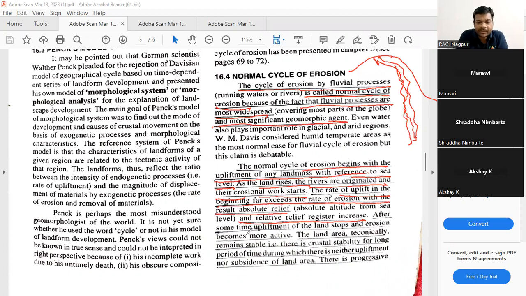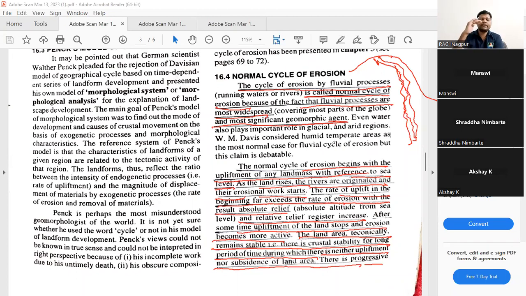After some time upliftment of the land stops and erosion becomes more active. The land area remains tectonically stable, that is, in crustal stability for a long period of time, during which there is neither upliftment nor subsidence of land. There is only progressive erosion.